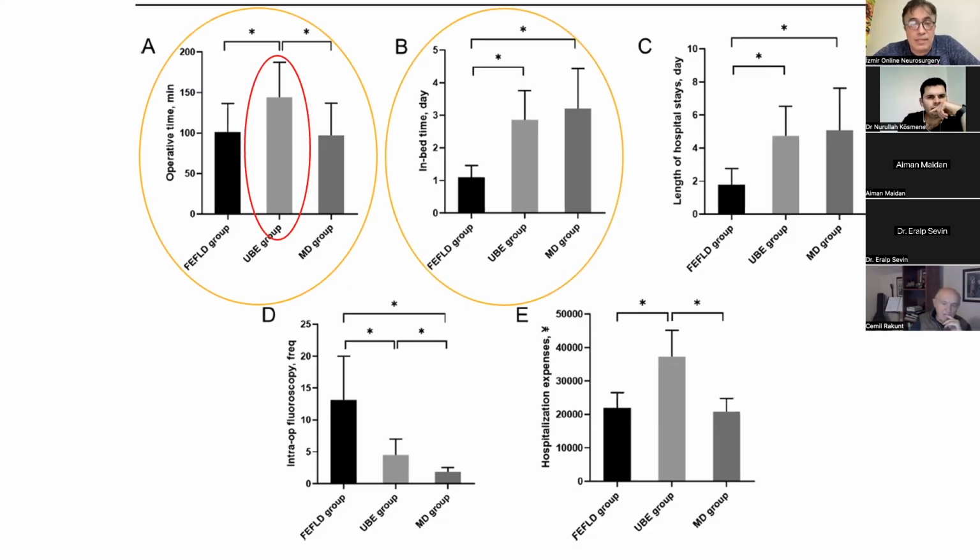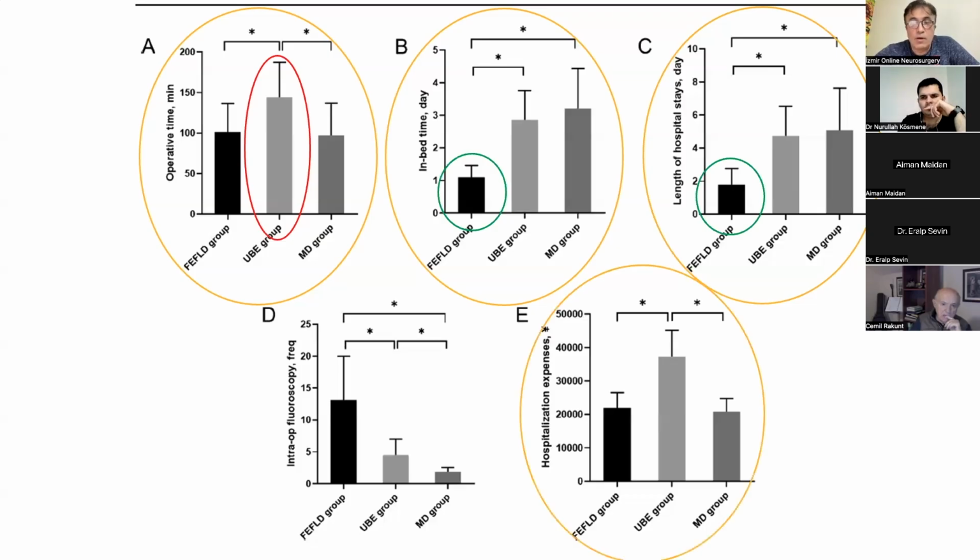Bed time and length of hospital stays are shorter in transforaminal discectomy than in both UBE and microdiscectomy. Hospital costs for UBE are higher than both transforaminal discectomy and microdiscectomy.